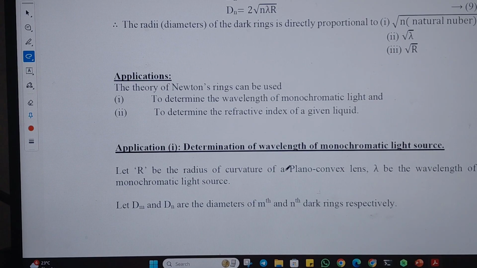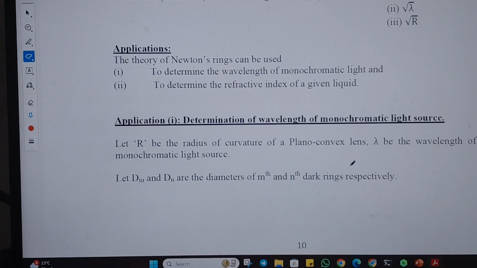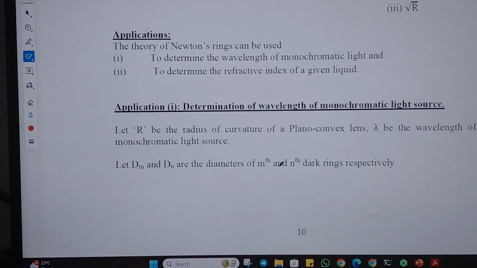So what will be the first one? The determination of the wavelength of a monochromatic light source. The experimental setup I explained, with the plano-convex lens and monochromatic light source, gives the diameters for the mth and nth rings.